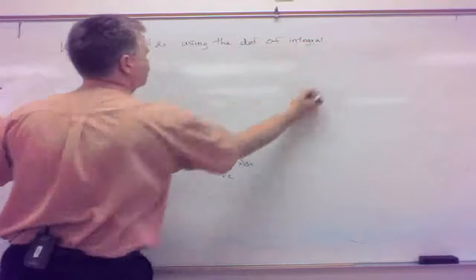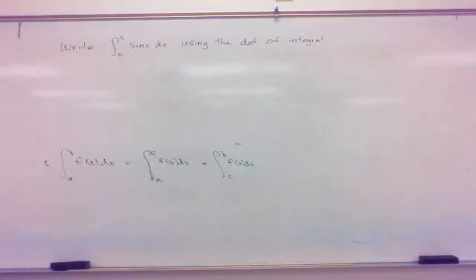What would that look like? Using that definition of integral, what would the integral 0 to 5 sine of x dx look like? Well, you can take it a lot of ways, and we're going to take my next example with the integrals all the way through.